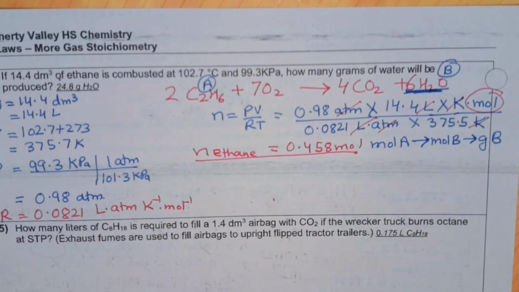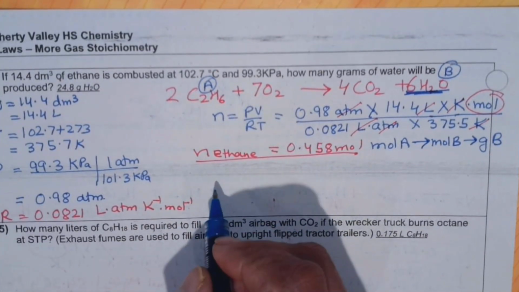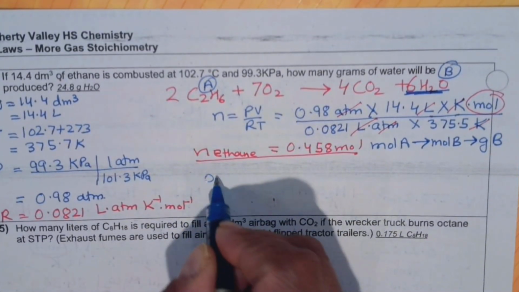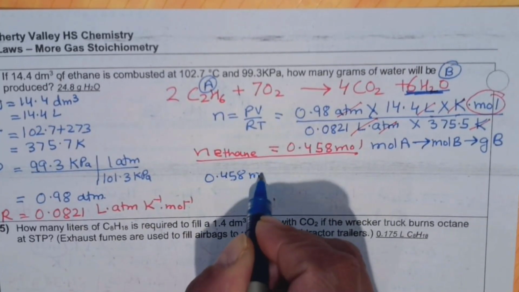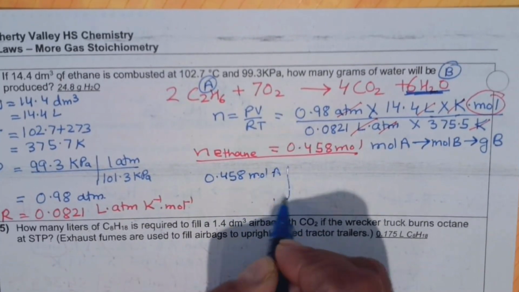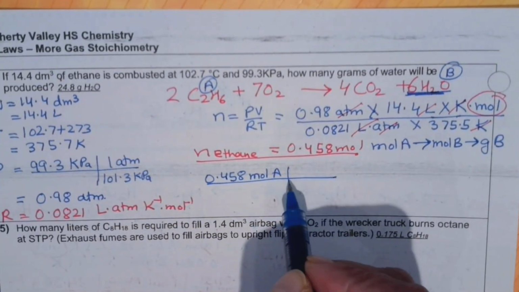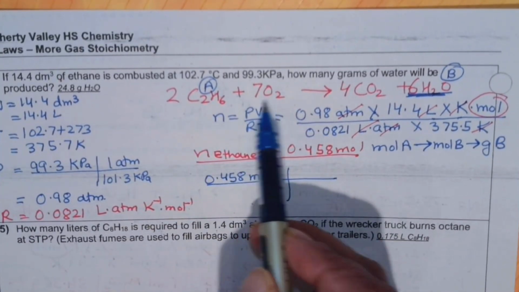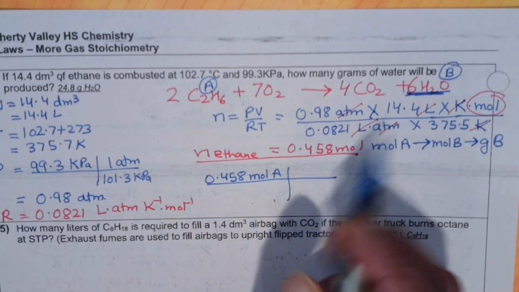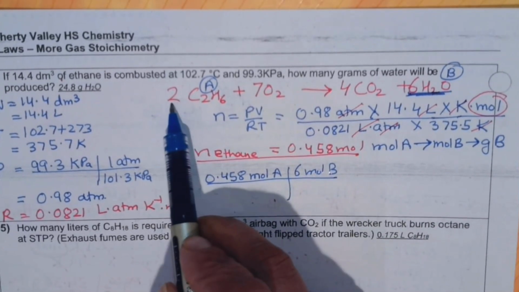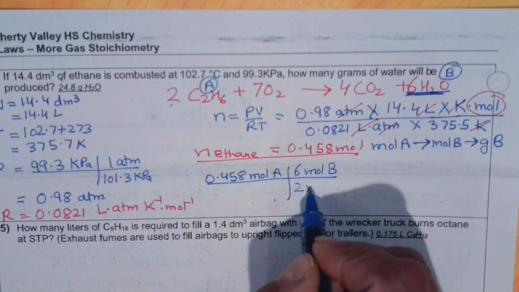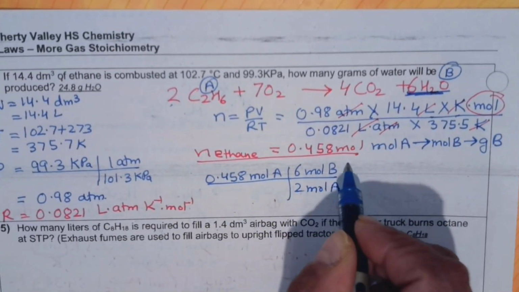So let's set up the dimensional analysis. You start with 0.458 moles A, ethane. Use mole ratios from the balanced equation. So water is 6 moles B over 2 moles A, right?